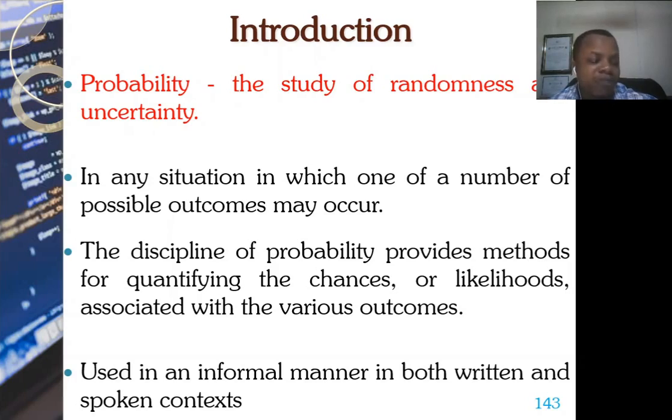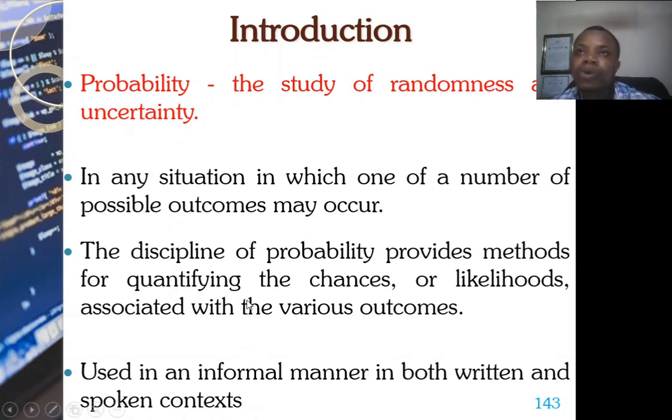It is a discipline which provides us methods to quantify the chances or the likelihood of something happening in, let's say, the near future. We use probability as a measure to quantify these chances, to estimate which event is likely to occur. So this is what probability basically is about.